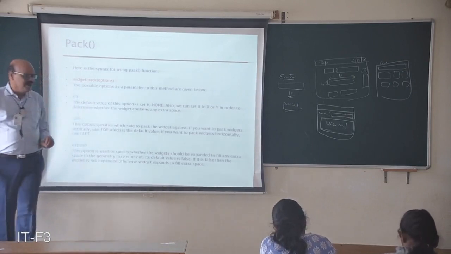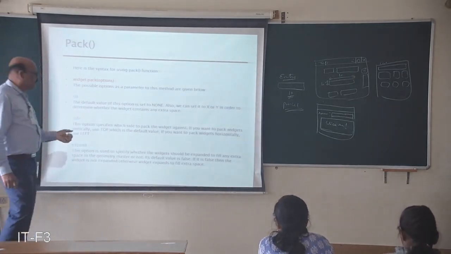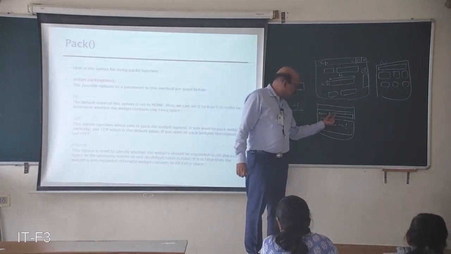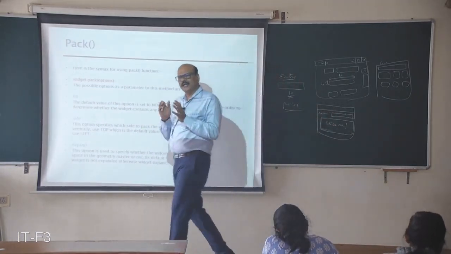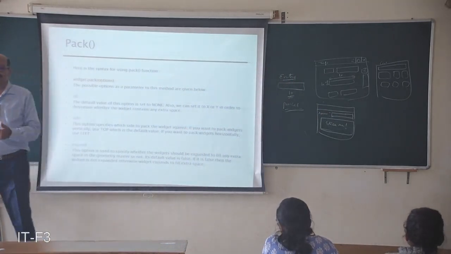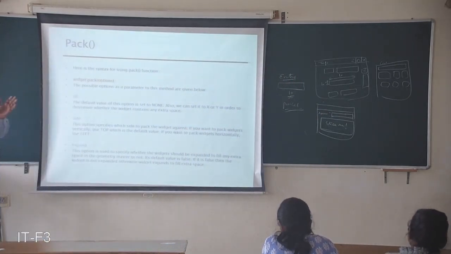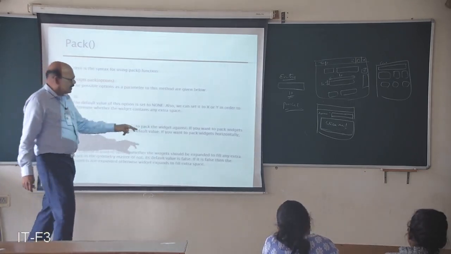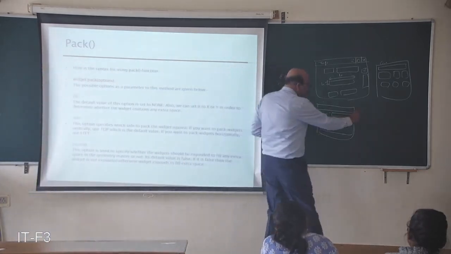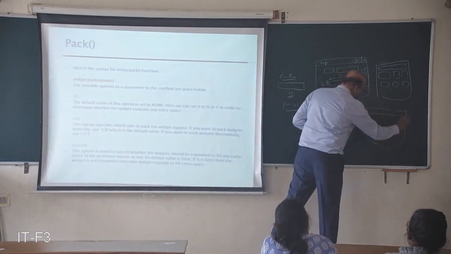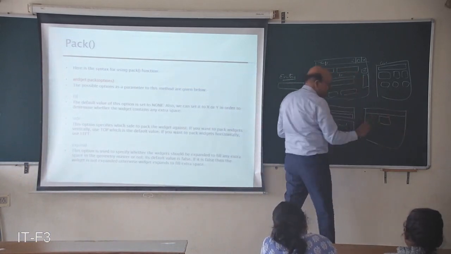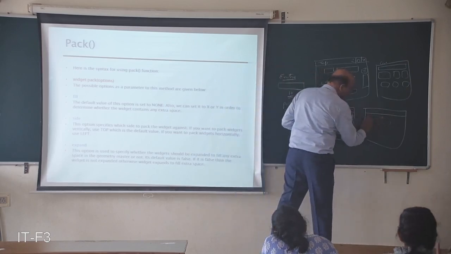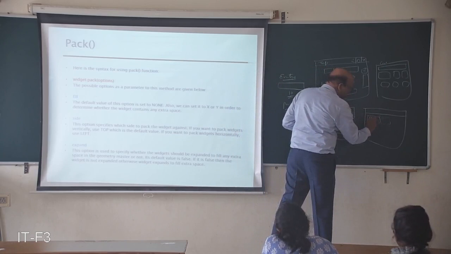Now this side. By default the widget will be placed in the center. Sometimes I don't want to place the widget in the center. I want to place it either on the left side or on the right side, so you can use left or right. For example, if you create a button, by default it will be created here. If I don't want it here and want left alignment, you use left and it will be created here.